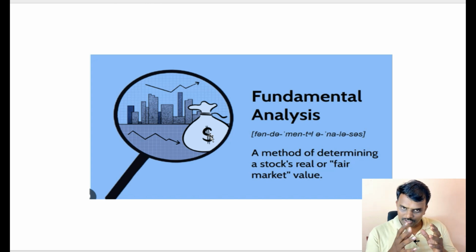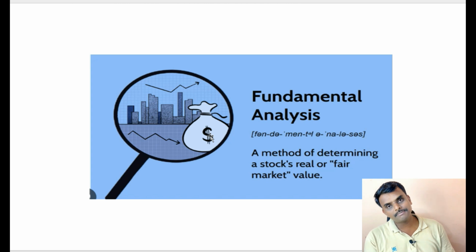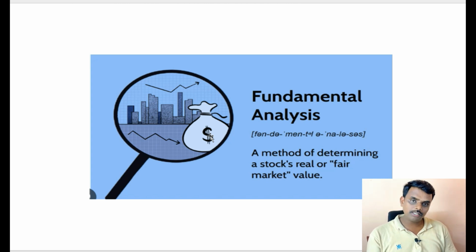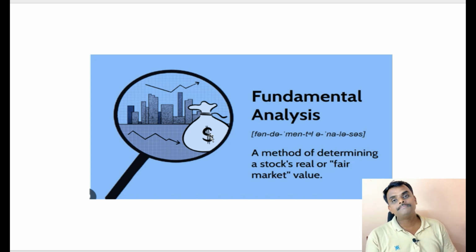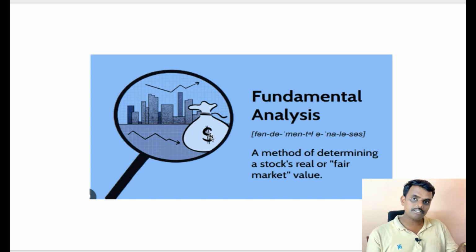As far as the Indian stock market is concerned, the Indian financial year is April 1st to March 31st. Total 4 quarters. Each quarter, every listed company will announce their quarterly earnings. Say for example, I am more interested in Infosys and I have invested in Infosys, and I want to track, I want to monitor how Infosys is doing on a quarterly basis.